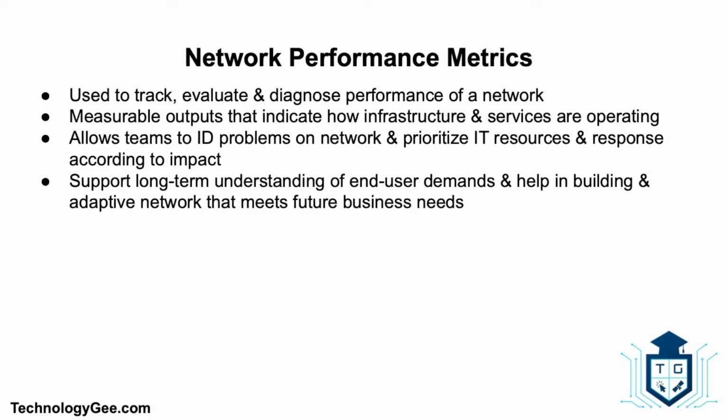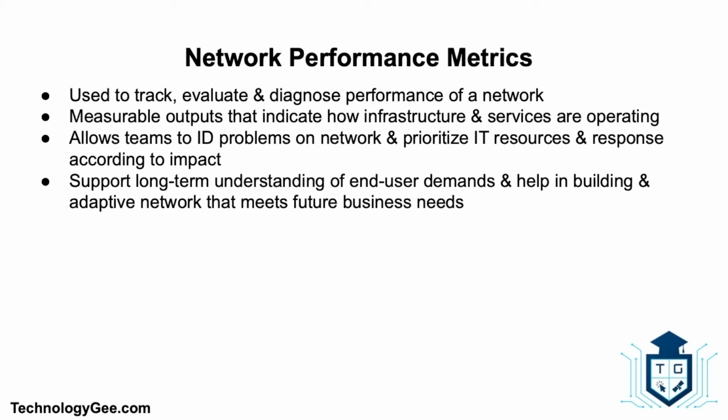So network performance monitoring is the process used to track, evaluate, and diagnose the performance of a network. With the variety of devices, technologies, and network environments continuing to expand, the definition of optimal performance can vary significantly. Network performance metrics are the measurable outputs that indicate how the infrastructure and services are operating as a part of short-term and long-term network performance evaluations.